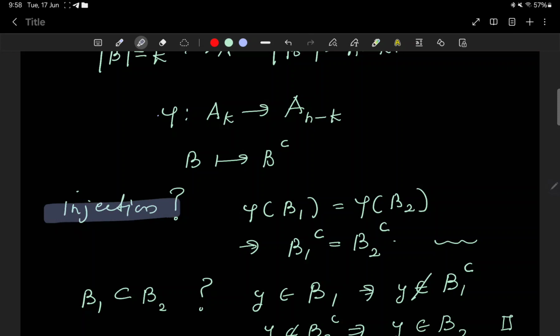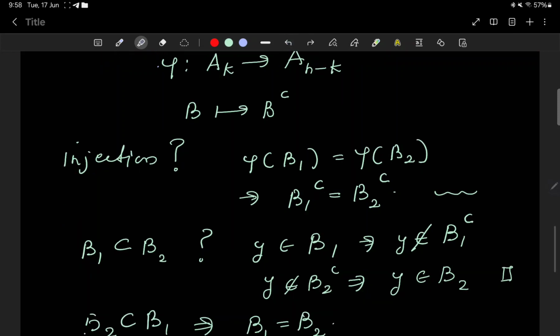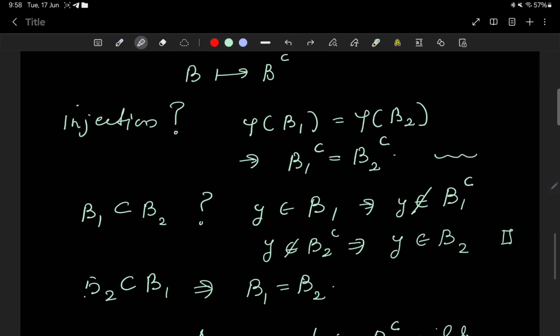We'll check whether it's an injection, that means whether it's one-one or not. In order to prove that, we take phi of B1 equal to phi of B2, which is B1 complement equal to B2 complement, right? Now we have to prove B1 equals B2. As the first step, we show B1 is a subset of B2. So we take an element y from B1.